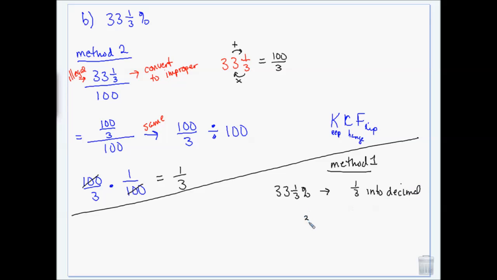So 3 goes into 1 3 times, which gives me a 9, which gives me a 1, and do you guys already see what's going to happen? It's going to repeat. So 33 1/3%, I'm sorry, I'm moving backwards, but this is the same thing as 33.3%.